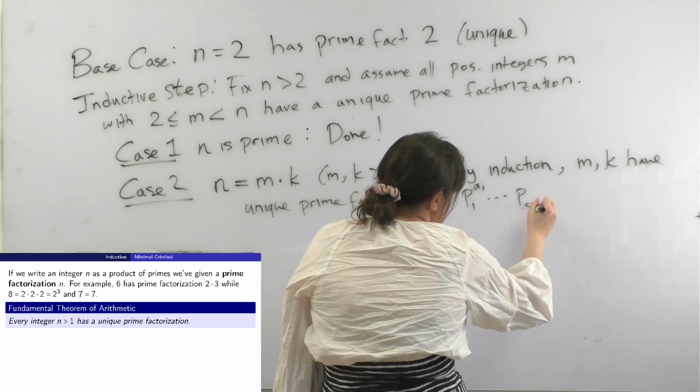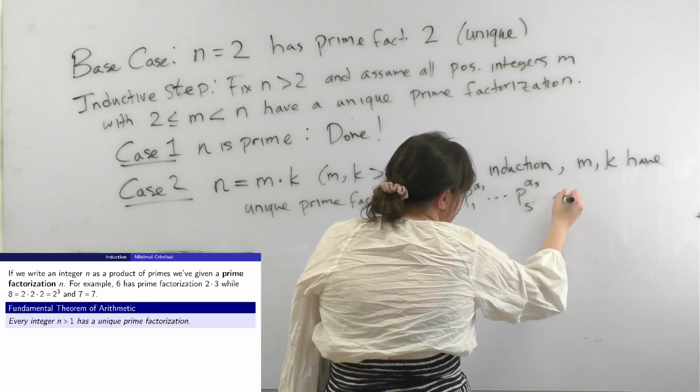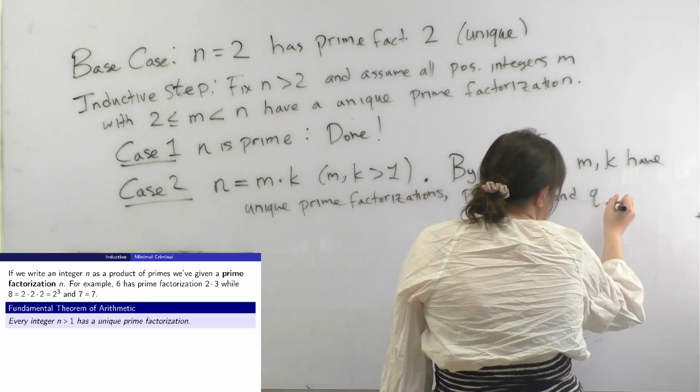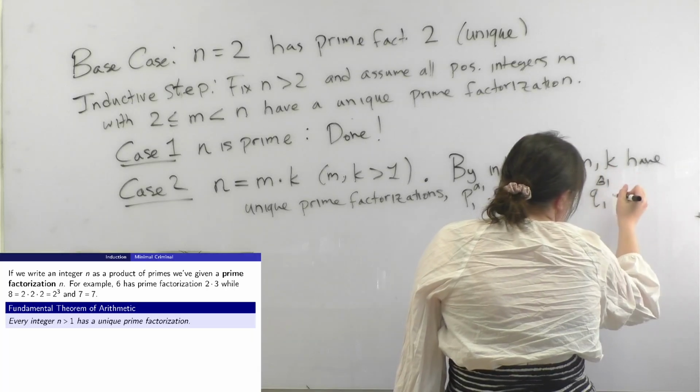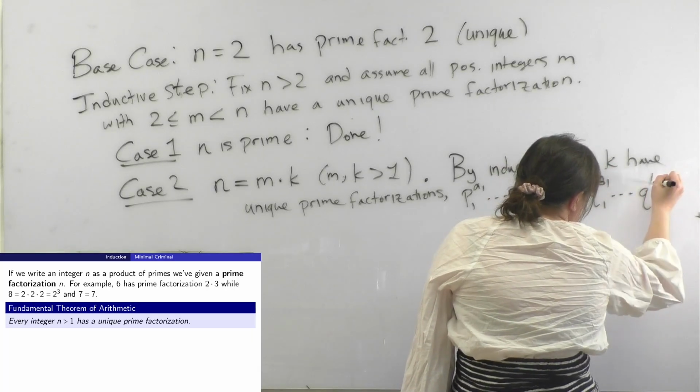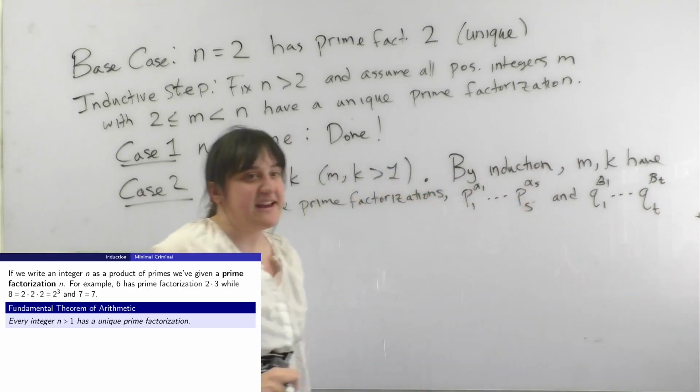I'm going to run out of letters. Q_t to the beta_t. Okay, they look like something like that.